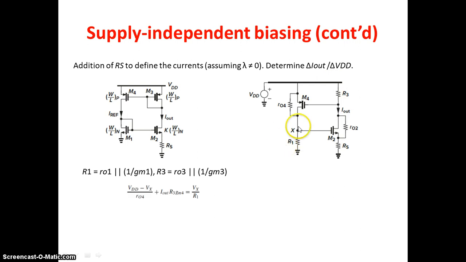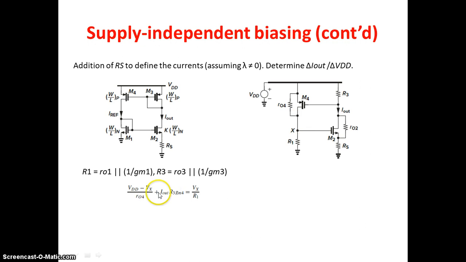Now if I apply Kirchhoff current law here, I have a current from this RO4, a current flowing through this M4 MOSFET, and the current flowing through this R1 resistor. Let us first write RO4. On this side we have the VDD supply, and here I have a Vx voltage.